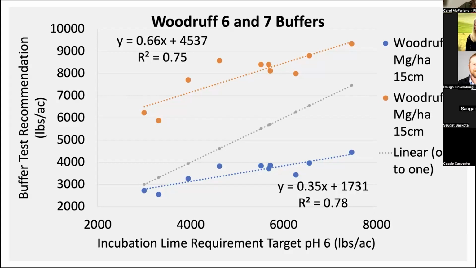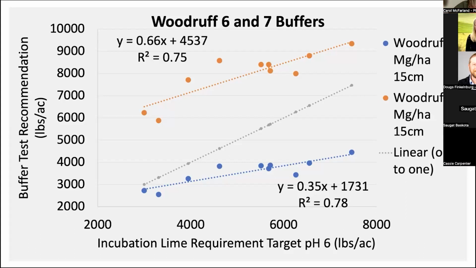One of the things though, and I've got this on the next slide, but you can see here the slope of this line for the blue line, Woodruff 6, is not very steep. So actually that means that there isn't a wide range of predictions or predictability possible to capture nuance for an individual soil.